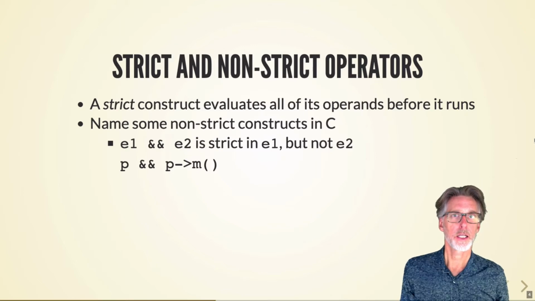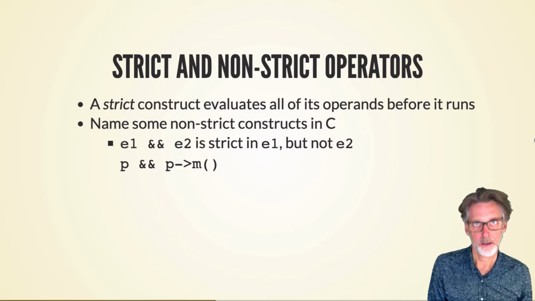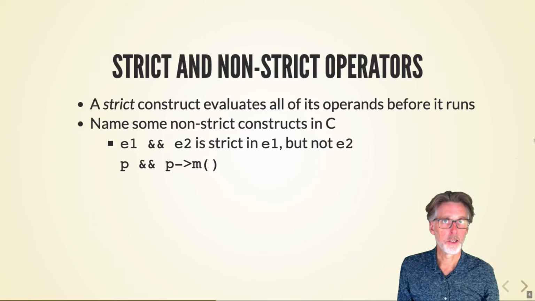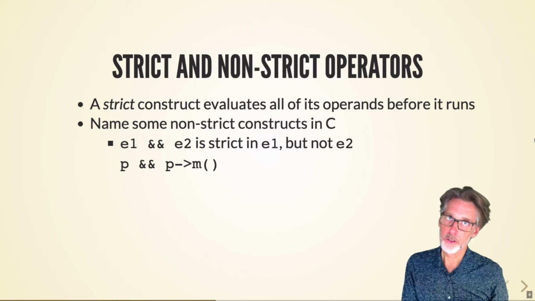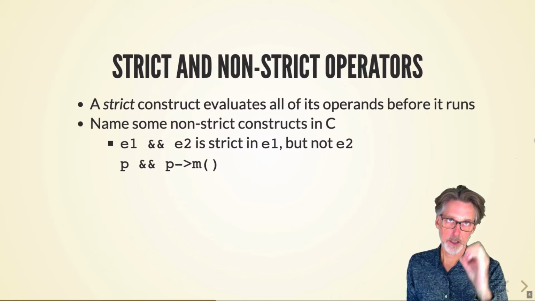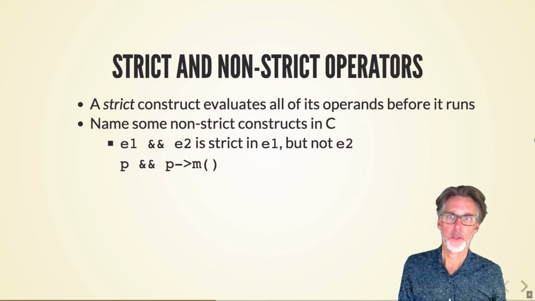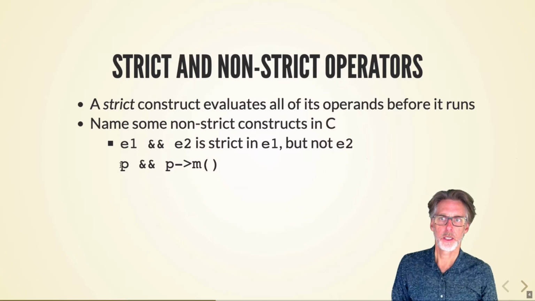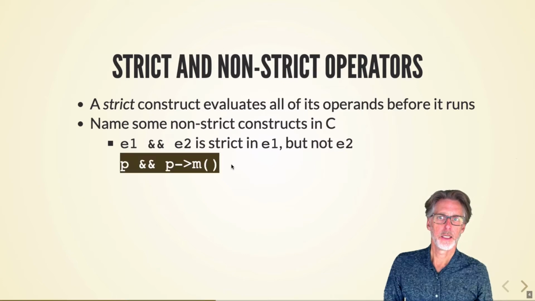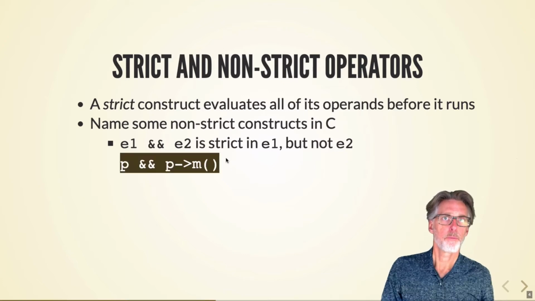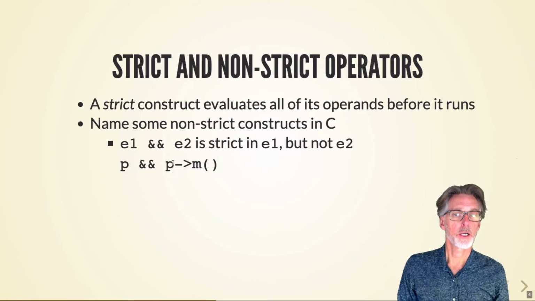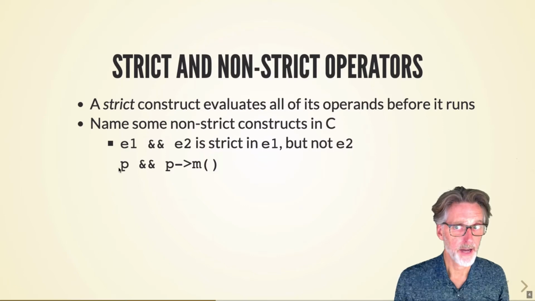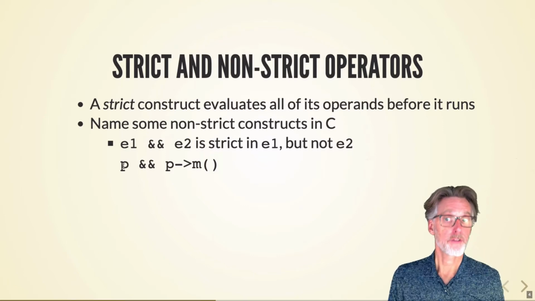True and false in C are encoded in the integers. So any non-zero integer is true, and 0 is the unique false value. So this is quite common code in C for safe pointer dereferencing. So pointers normally are 0 when they're not valid. That's considered the void value.